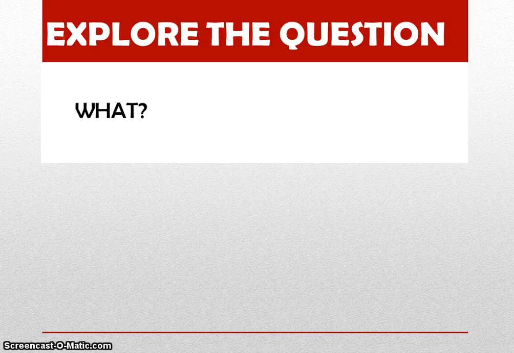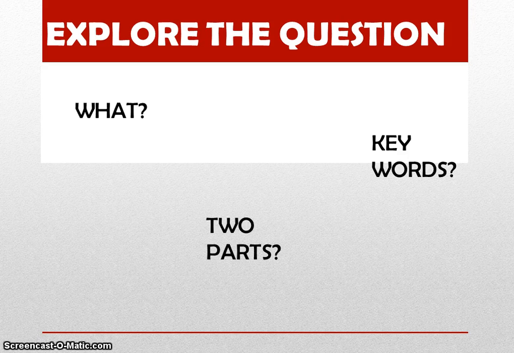Okay, so what is the question asking? Well, it wants us to look at the character and it wants us to explain her journey, the word journey is used, and then talk about why the character is important to the reader. Now, when you talk about a character's journey or a character's arc, obviously there's going to be some change.